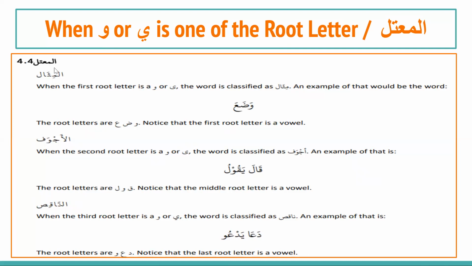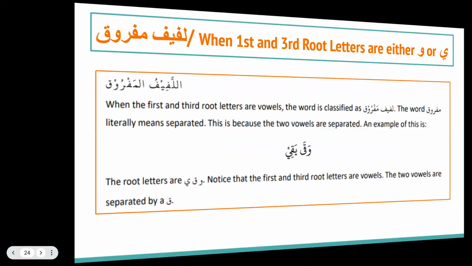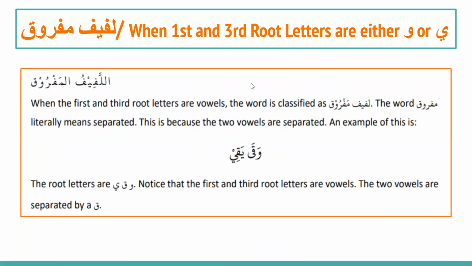But in fail mu'attal, we can have two weak letters out of three. So those are the next two types, in which two of the three root letters are weak, either ya or waw. And when two root letters are weak, we call that fail lafif.